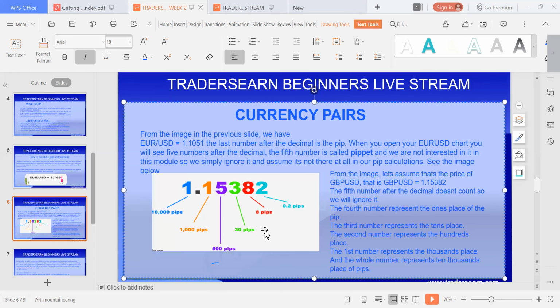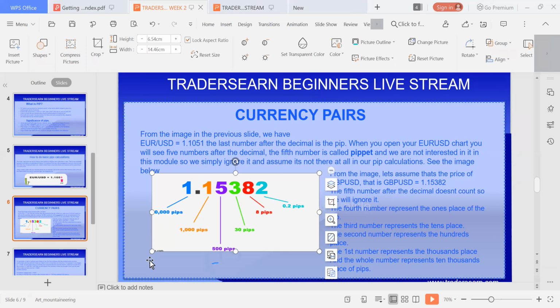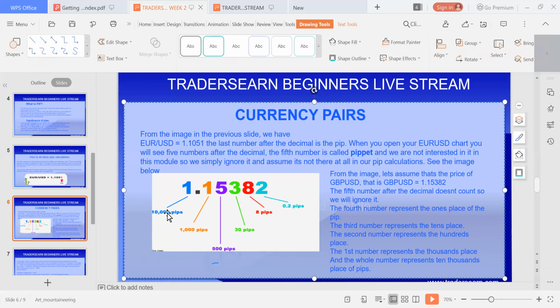That's a lot of pips. In fact, in 10 years, price may not make this much movement.